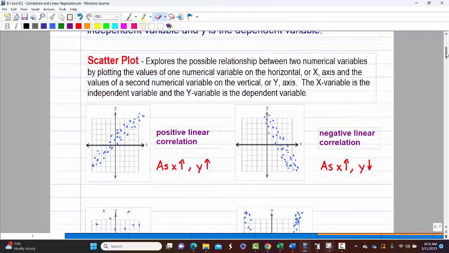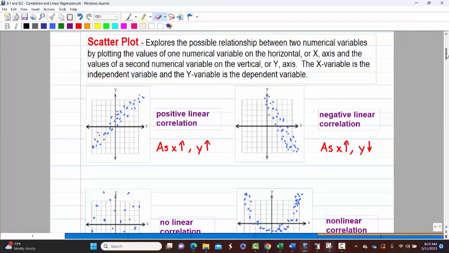A scatter plot is collecting all your XY data and plotting it in a rectangular coordinate system, and looking at the relationship. You're looking for a linear relationship, so the dots are clustered into a line shape. Granted, it's a thick line, and this is called a positive linear correlation, meaning the slope of the line is positive.